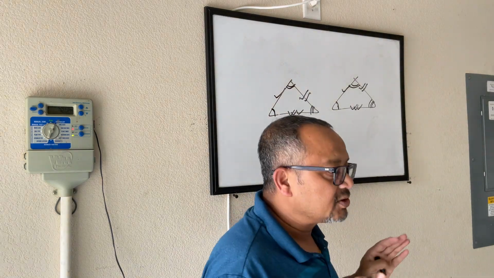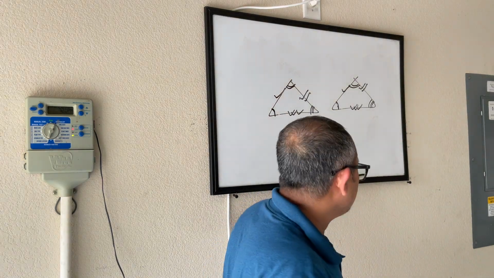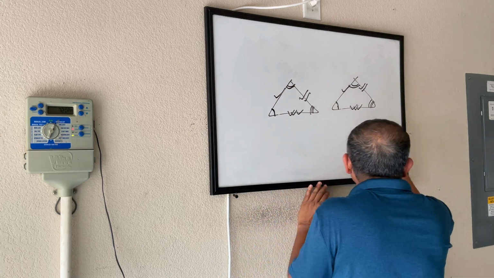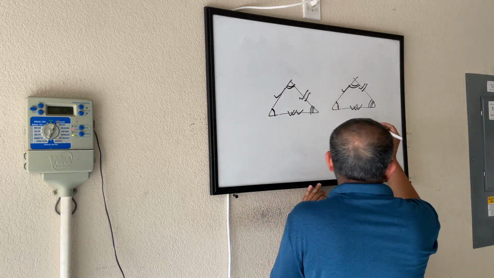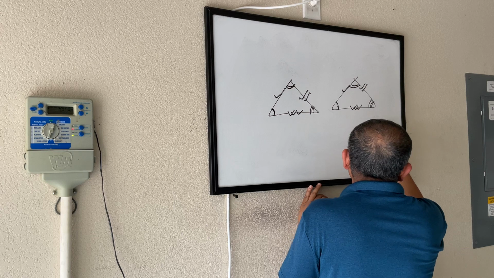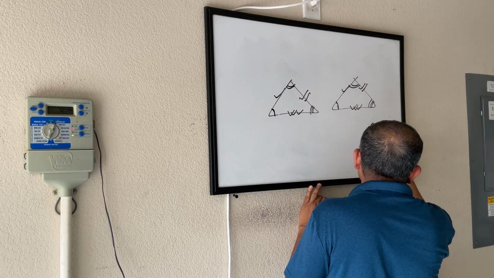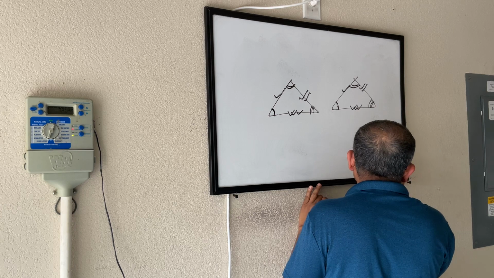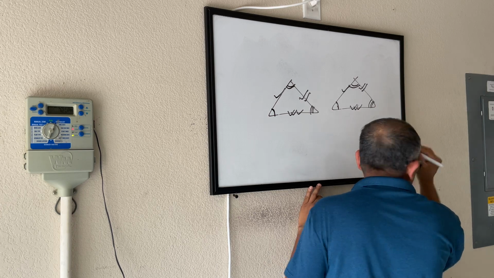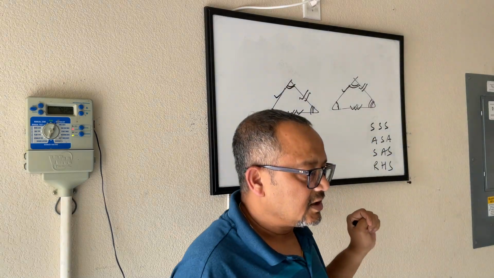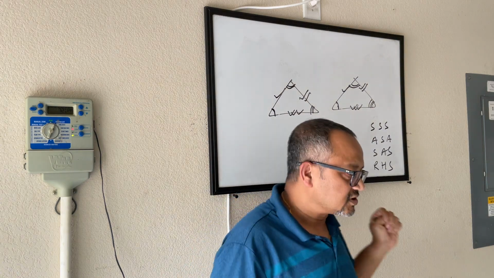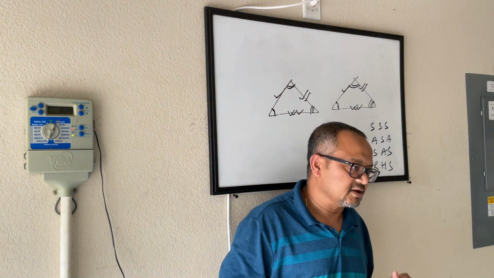That is where the theorems of congruence come into the picture. There are four theorems of congruence for triangles that you would have heard about. Tell me if this sounds familiar to everybody in the class.